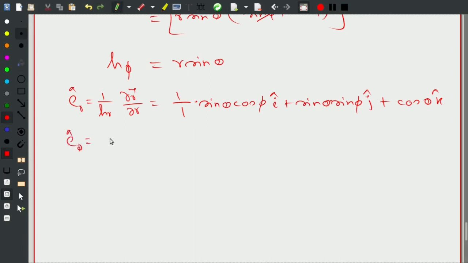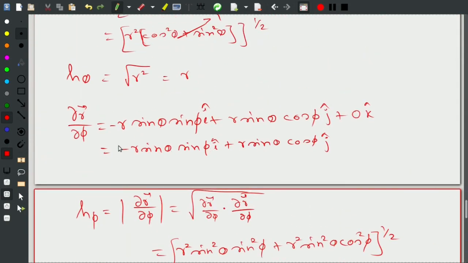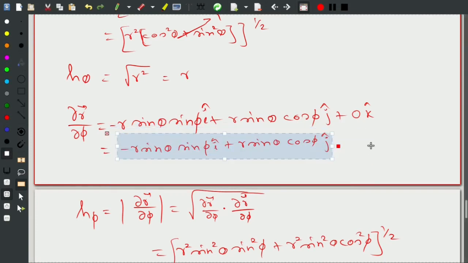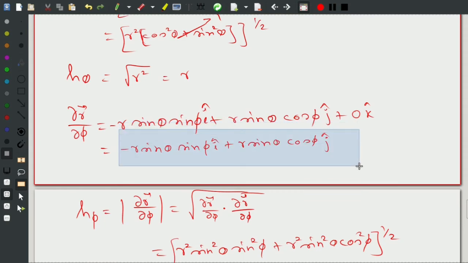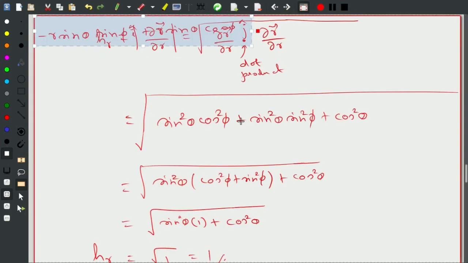Next we can write e of theta equals 1 by h of theta times dou r vector divided by dou theta. What is h of theta? H of theta is r, so we have 1 by r times this dou r vector by dou theta.